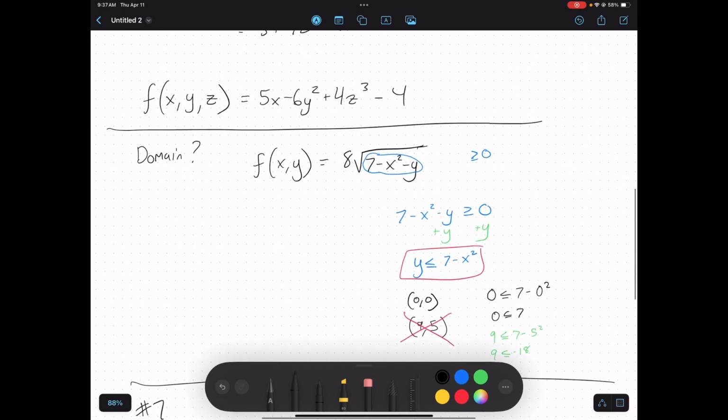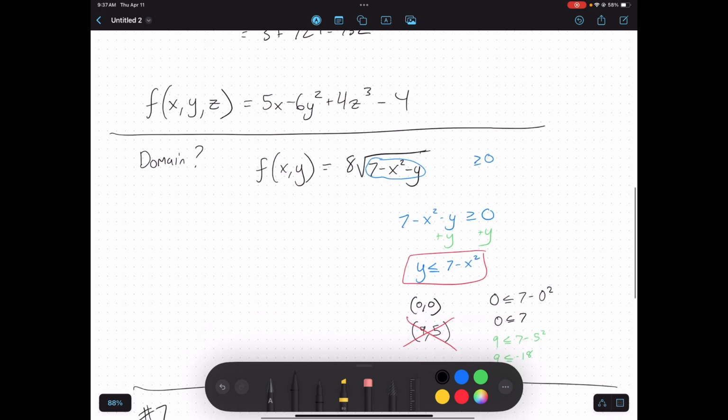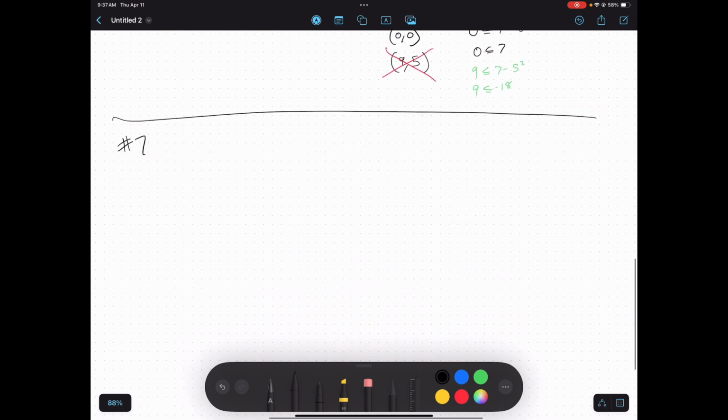Okay, now both of the examples that I've talked about up to this point are from your homework, but I specifically wanted to talk about number 7 from your homework. Number 7 is interesting because they don't actually give you a function, and you might be wondering how this relates to multivariable functions.